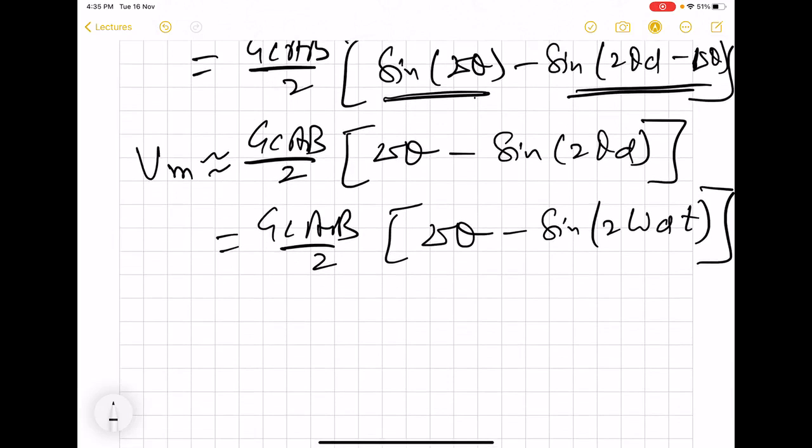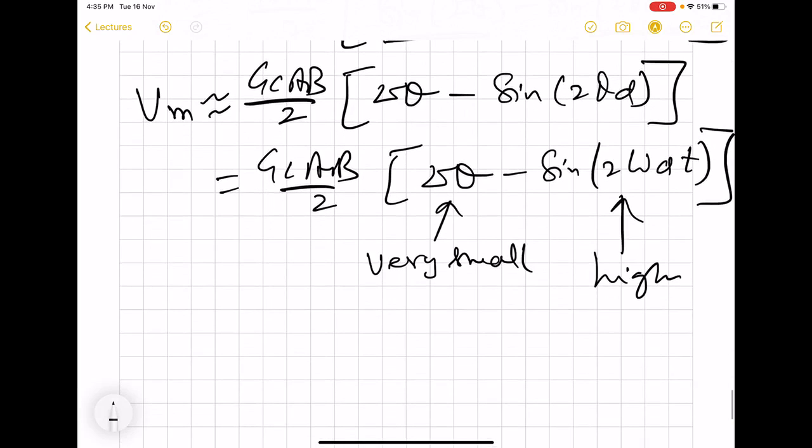So here we have a function which is very small, and here we have a high frequency component.